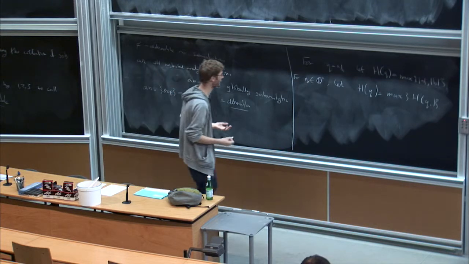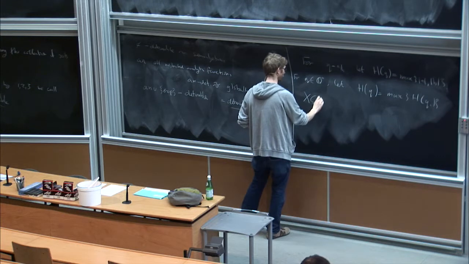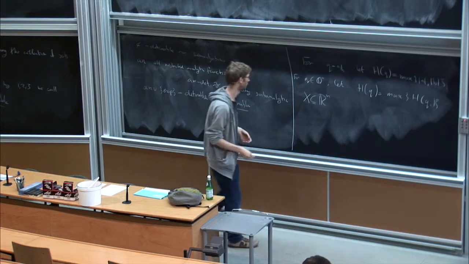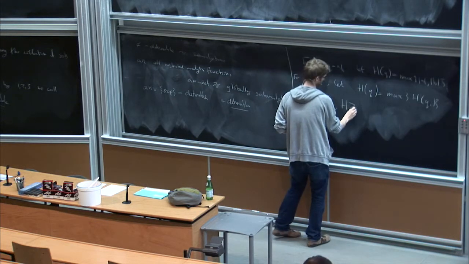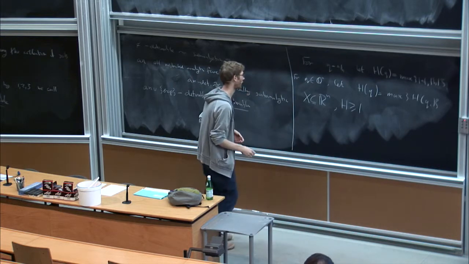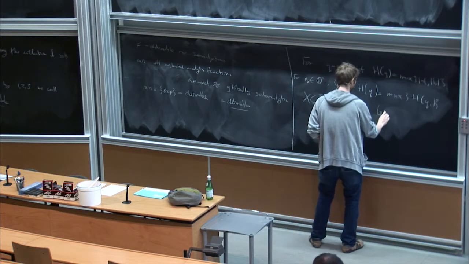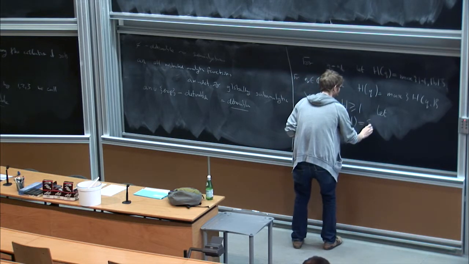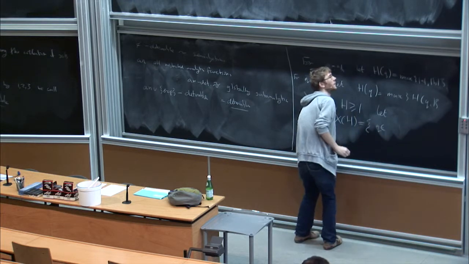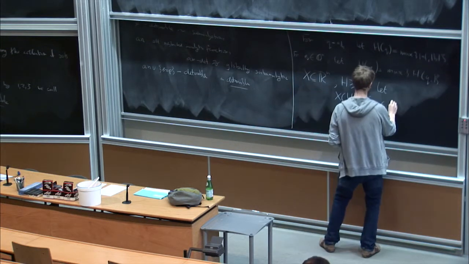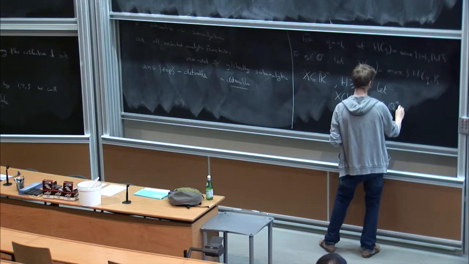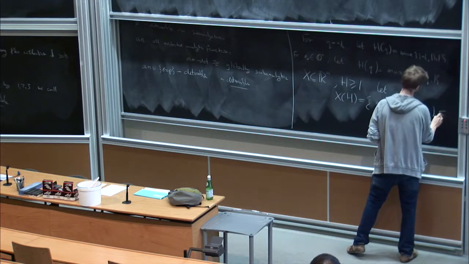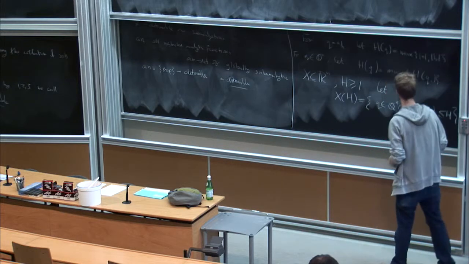And then if I have my set X in R^n, and I have some H, we'll put X(Q, H) to be the set of rational points on X of height at most H.